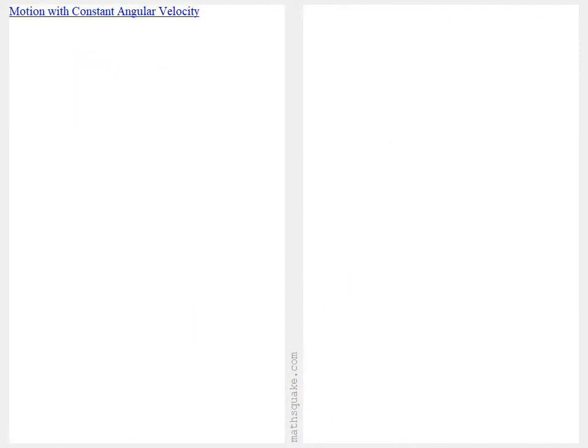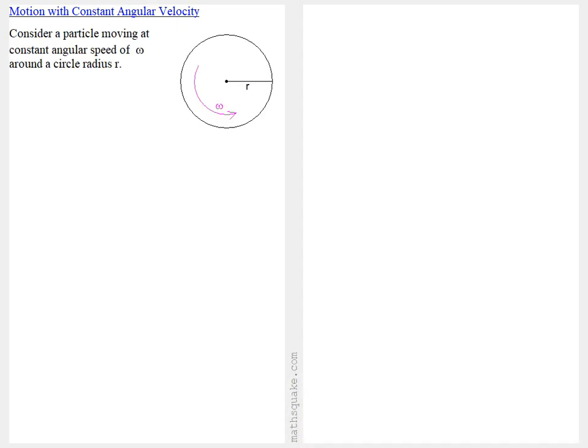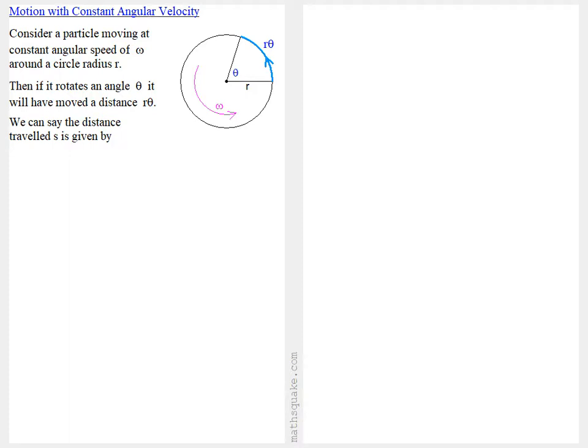Let's consider motion with constant angular velocity. Consider a particle moving at constant angular speed of omega around a circle radius r. Then if it rotates an angle theta, it'll have moved a distance r theta. So we can say the distance travelled s is given by s equals r theta.